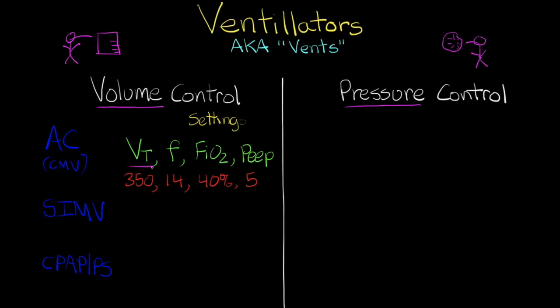The tidal volume is a measurement of the volume that we're going to give to the patient with each breath, and this is measured in milliliters. We won't get into how to calculate how much volume to give, but just know that there are certain criteria for how much volume a patient should be getting. Oftentimes this is based on their gender as well as their ideal body weight for their particular height.